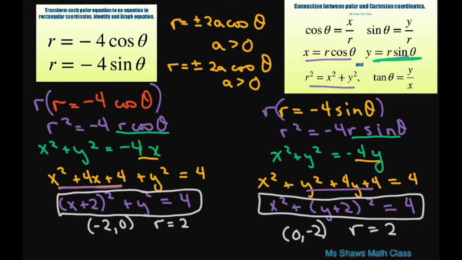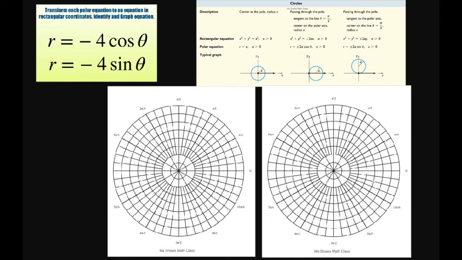Now let's go ahead and graph this. So for the first one, we had center is negative 2 comma 0, and the radius was equal to 2. So you go to the left by 2, 1, 2.